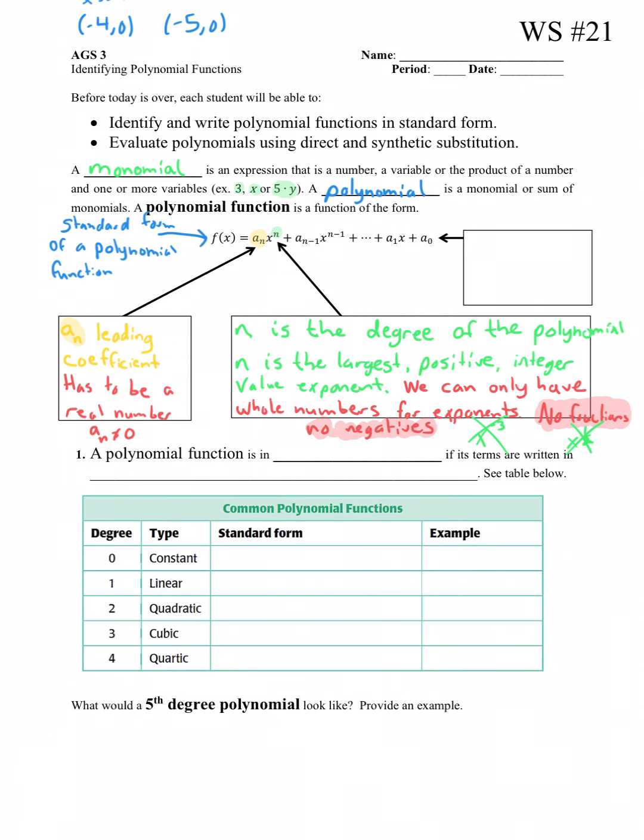All right, the last value I want to point out to you guys is the very last term. This is the constant term, and it's a sub 0, which we talked about as the initial value when we worked on those real world problems. But this is also the constant term, the C value from quadratics.